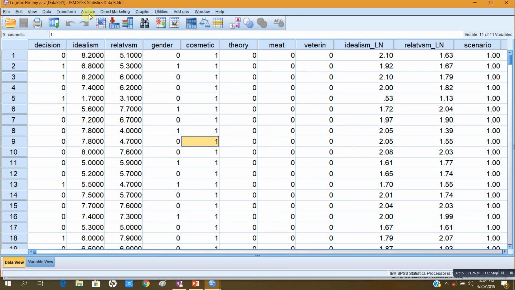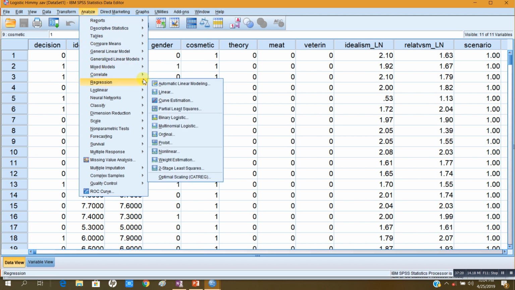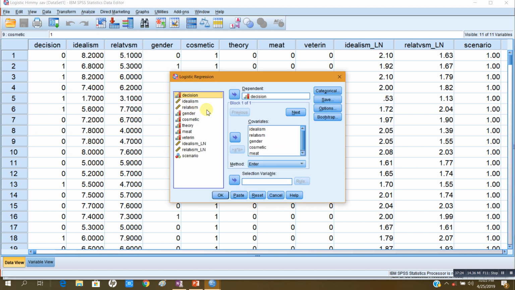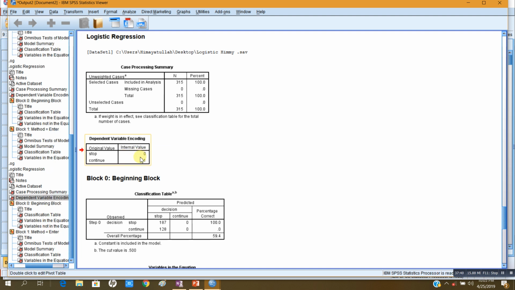Here is the new output. The total number of cases included are 315, and this is the dummy variable 0, 1. These are the predicted and the observed values, and these are the variables in the equation, exactly the same as before, and these are the case processing, and so on.